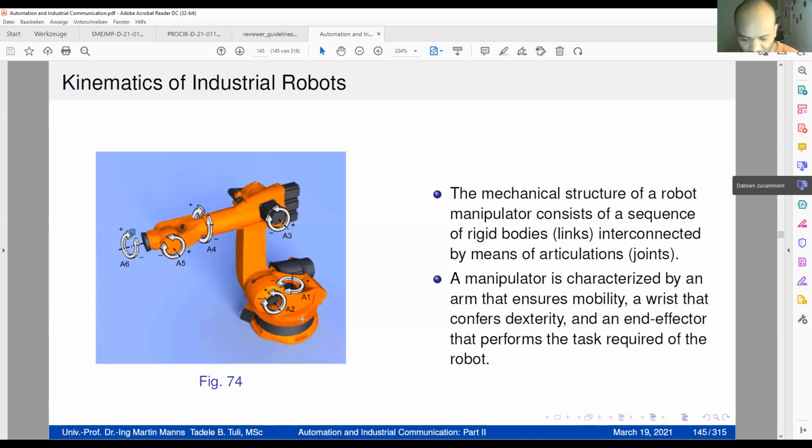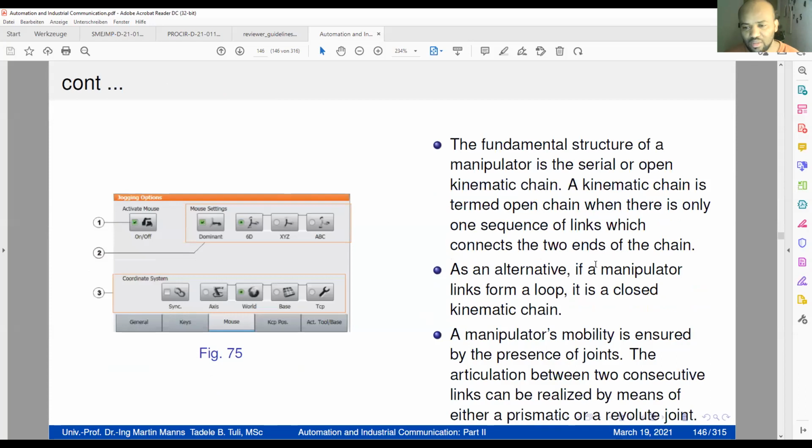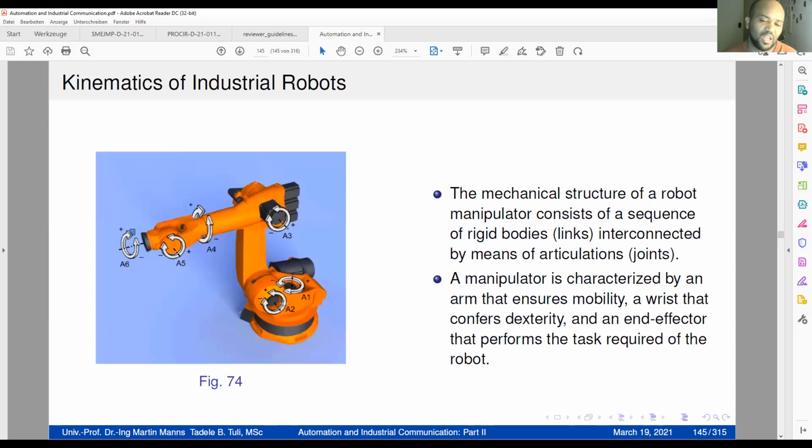The other very important point I would like to mention is that whenever we assign the reference frames to our robot, we have to note the following three pointers. One, it is always based on the Denavit-Hartenberg convention. Always, the z-axis is along the axis of rotation.